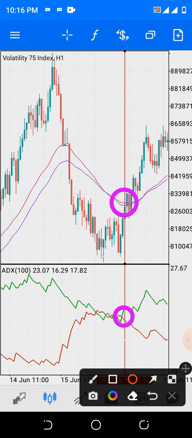And if you watch, you see that the crossing occurs simultaneously. So here now you take a buy position. Very important. Whenever the crossing occurs simultaneously, that is a huge gain for you to make.